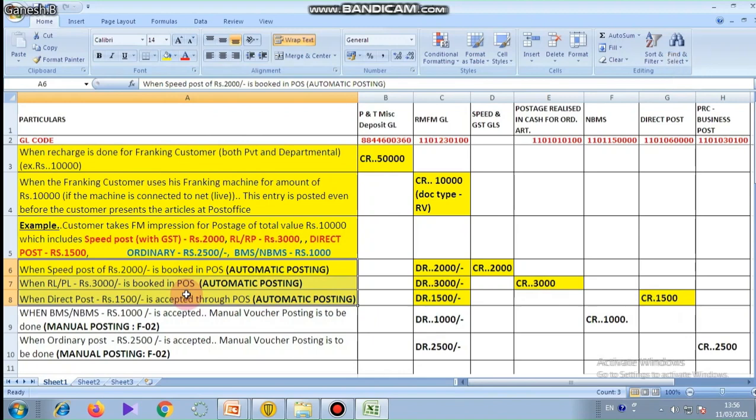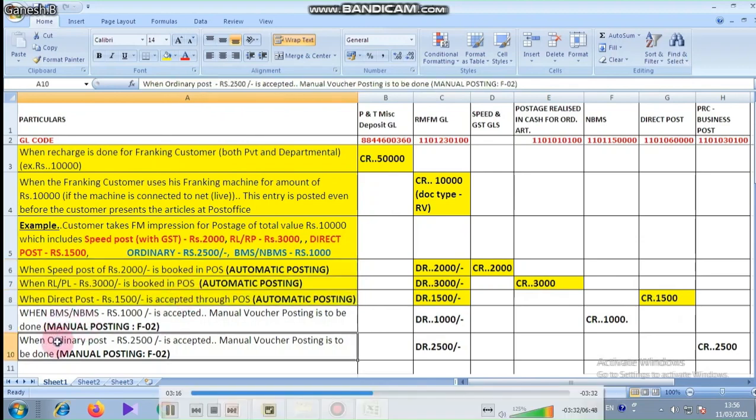Now the customer presents a direct post worth rupees 1,500. RMFM GL will be debited by 1,500 and similarly direct post will be credited by 1,500. Now 6,500 is debited and the remaining amount 3,500 is left in RMFM GL.